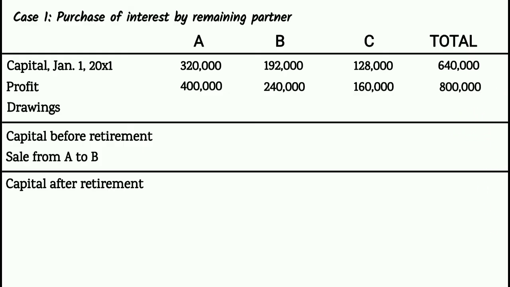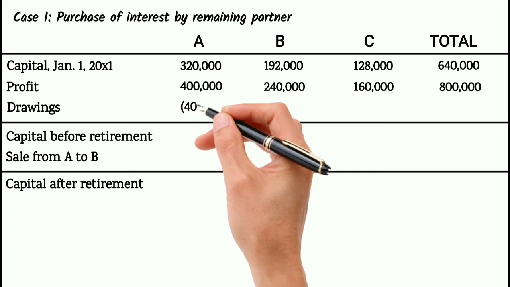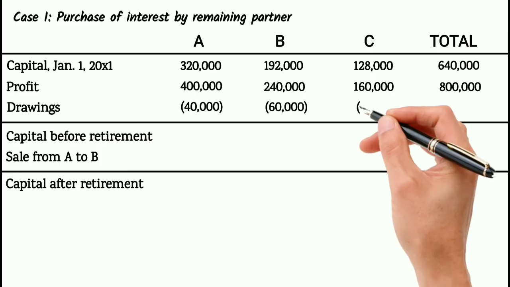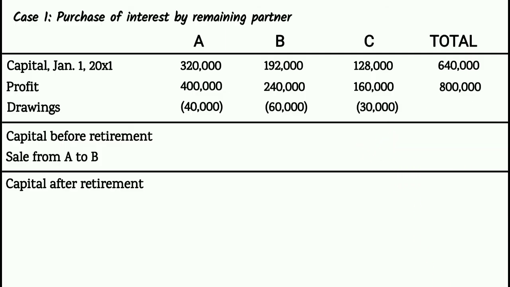Aside from profit, meron ding capital withdrawals during the period. Si A nag-withdraw ng 40,000 pesos, si B nag-withdraw ng 60,000 pesos, at si C nag-withdraw ng 30,000 pesos.